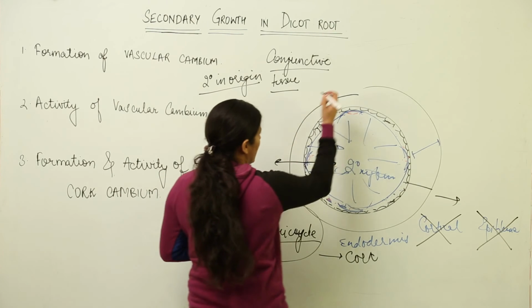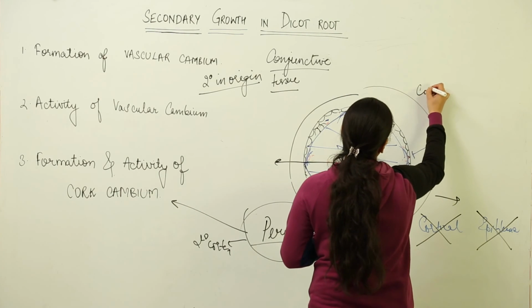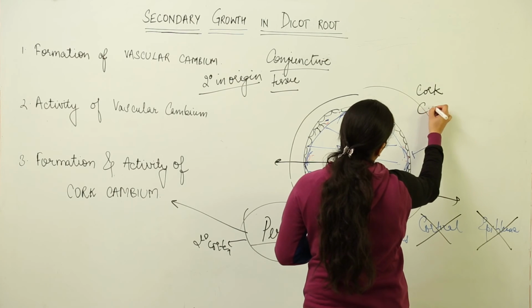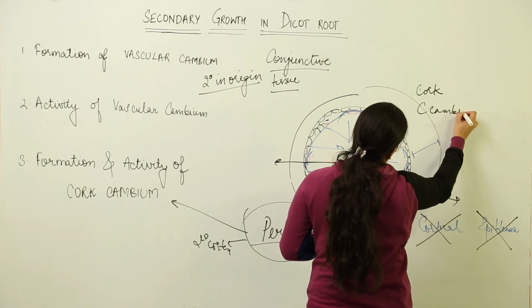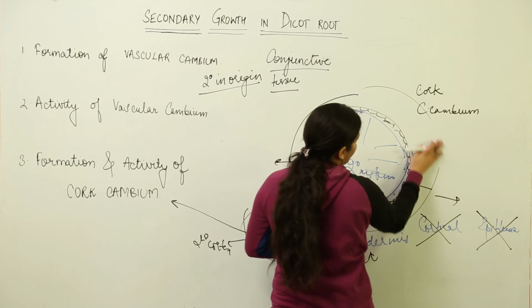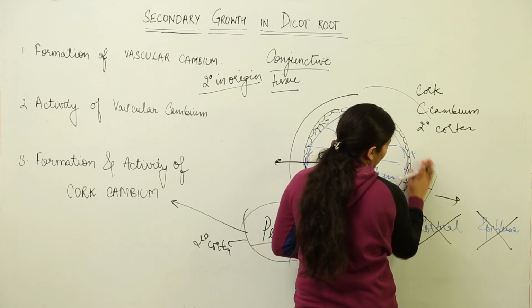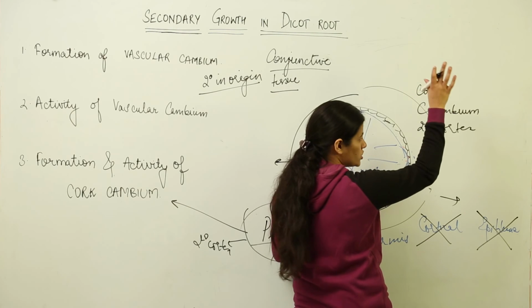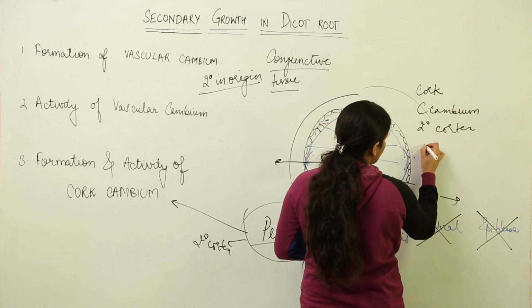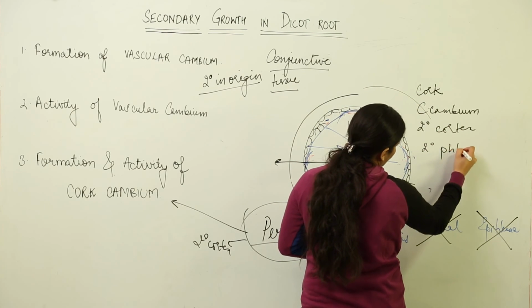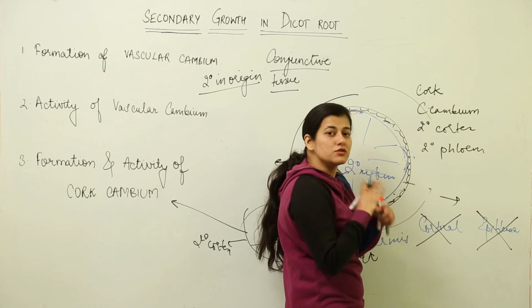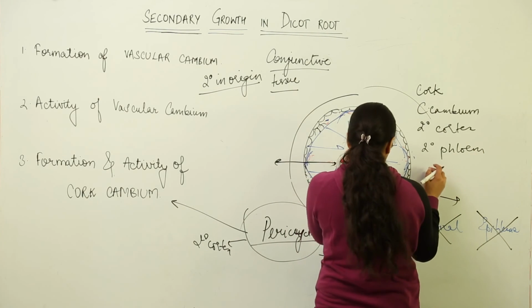We have the outermost cork. Then we'll have cork cambium that would be formed out of pericycle. There would be secondary cortex with parenchymatous cells. Epiblemma is lost. Most of the cortical layers are lost. Then we'll have secondary phloem. Primary phloem is almost lost, so we don't have primary phloem.